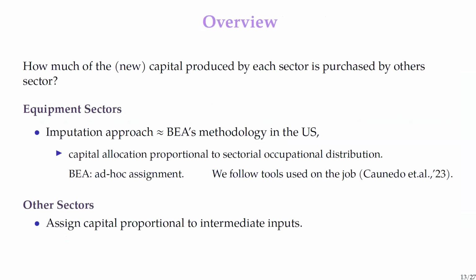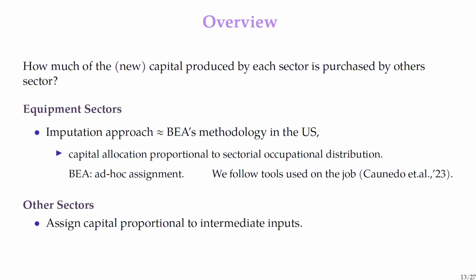The way we do it is to make capital allocation proportional to the sectoral occupational distribution in the economy. In the BEA, this assignment is ad hoc, and how they do it is not publicly available. The way we do it is to follow the tools used on the job by each occupation, following the recent paper by Caunedo and others.